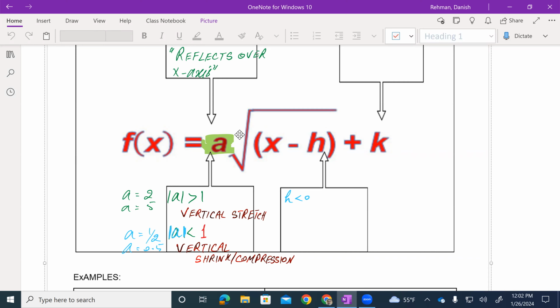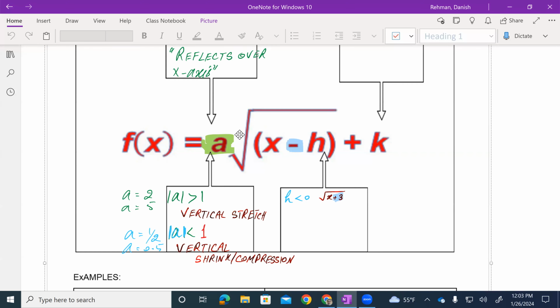It will look like something x plus 3. H is less than 0, but don't miss the key point to note here: this is a negative sign. The h is with a negative sign, so it will always change the sign. In the square root, it will look like a plus, but the h itself is negative. So h will always have the opposite sign.